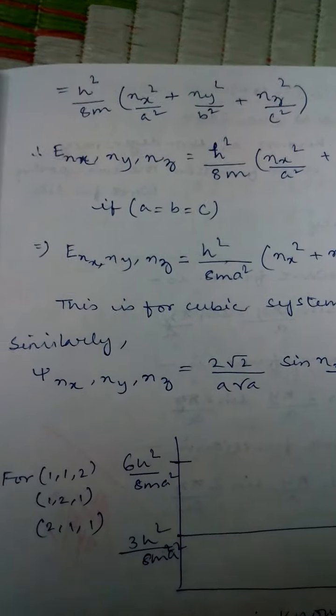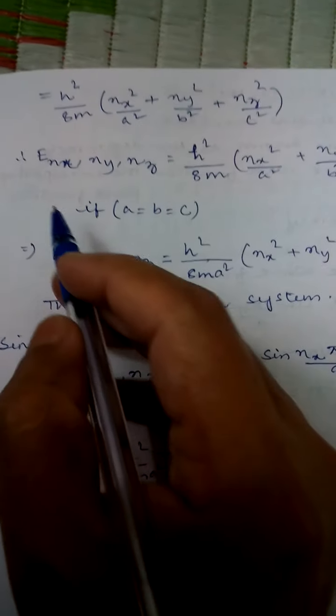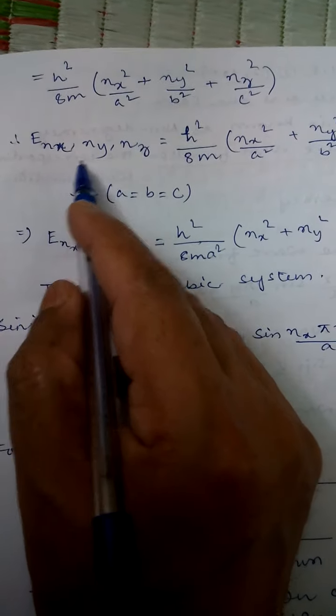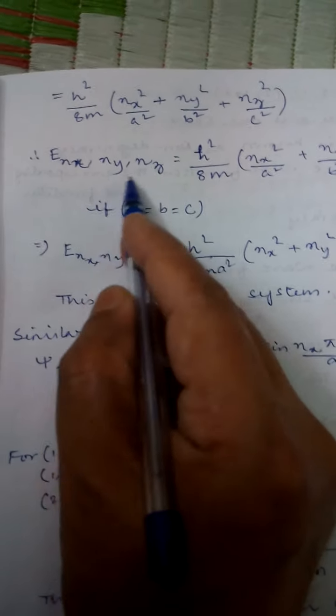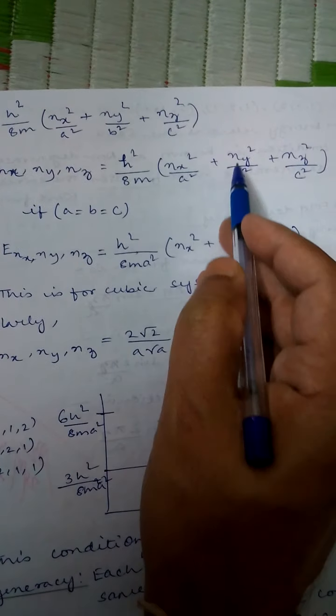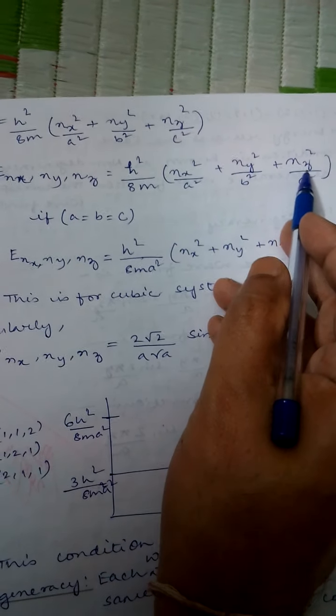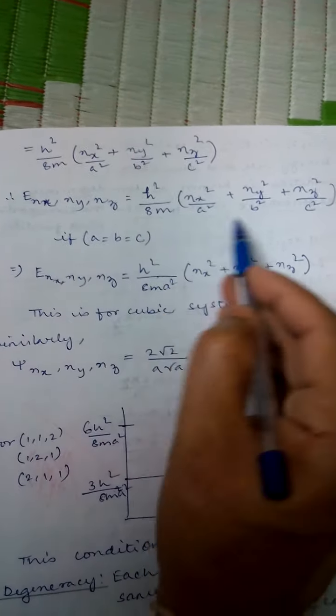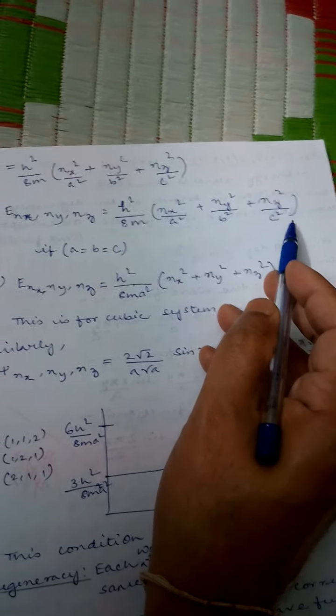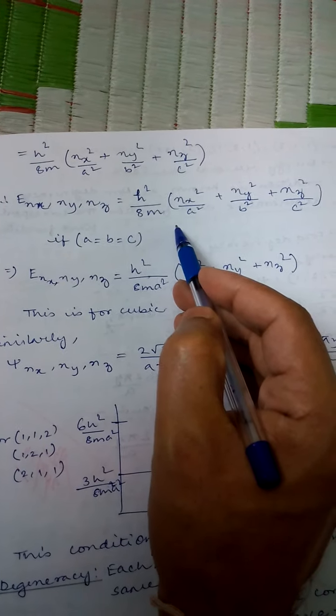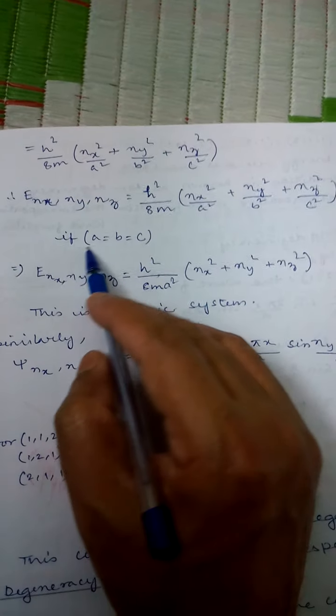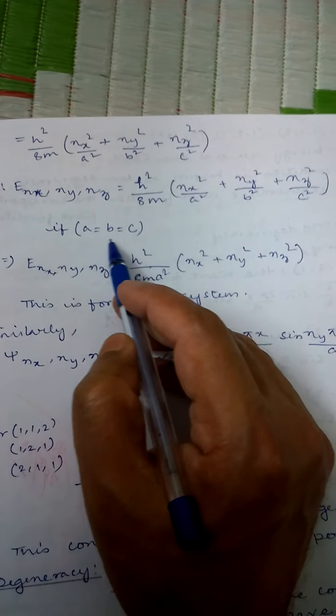Now here it is better to write E suffix nx comma ny comma nz, use this notation, equals h square by 8m, nx square by a square plus ny square by b square plus nz square by c square. So this is the energy eigenvalue in case of the three-dimensional box potential problem. Clear? Now here we consider some special case for a cubic system.